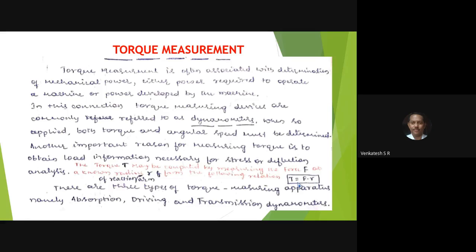T equal to F into R. This is very, very important. Torque T equal to F into R. F is force in kg, and radius is in millimeter or in centimeter. That is, T equal to kg force-meter, or T equal to newton meter.